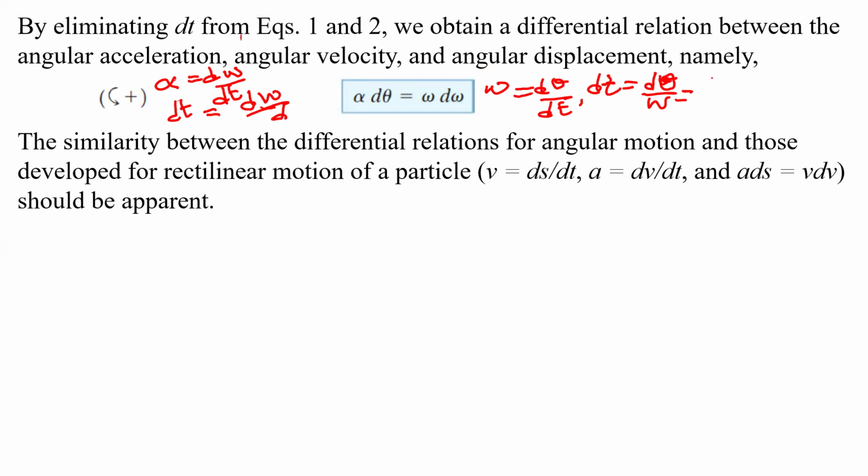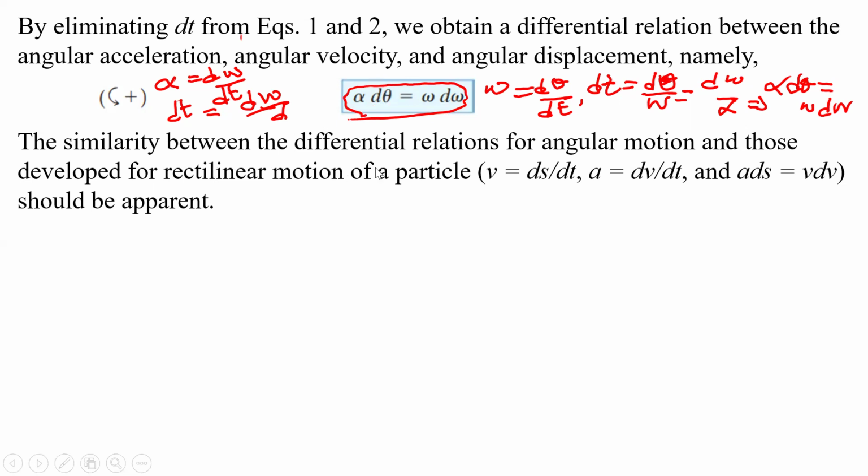Then we have d theta over omega, which will now be equal to d omega over alpha. So that will now give us that alpha d theta will be equal to omega d omega. And that is how this equation was gotten. That's how they came about this equation.